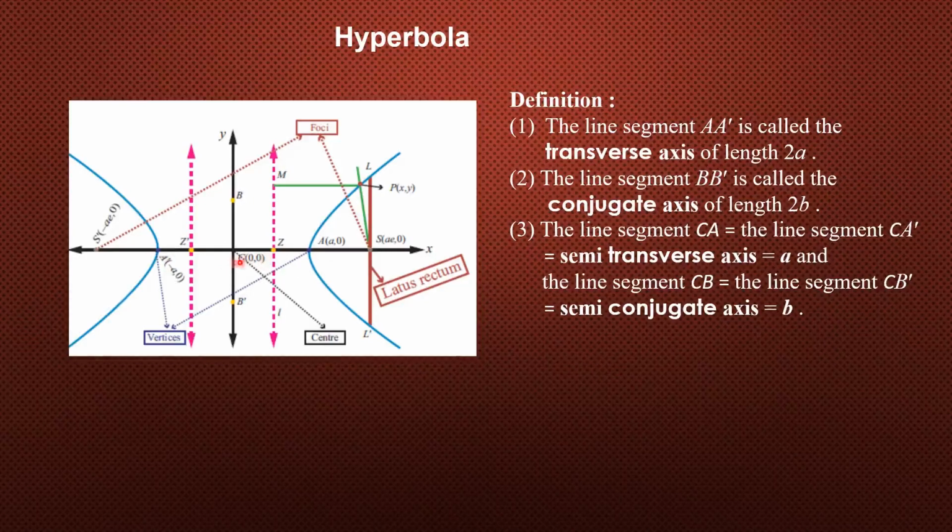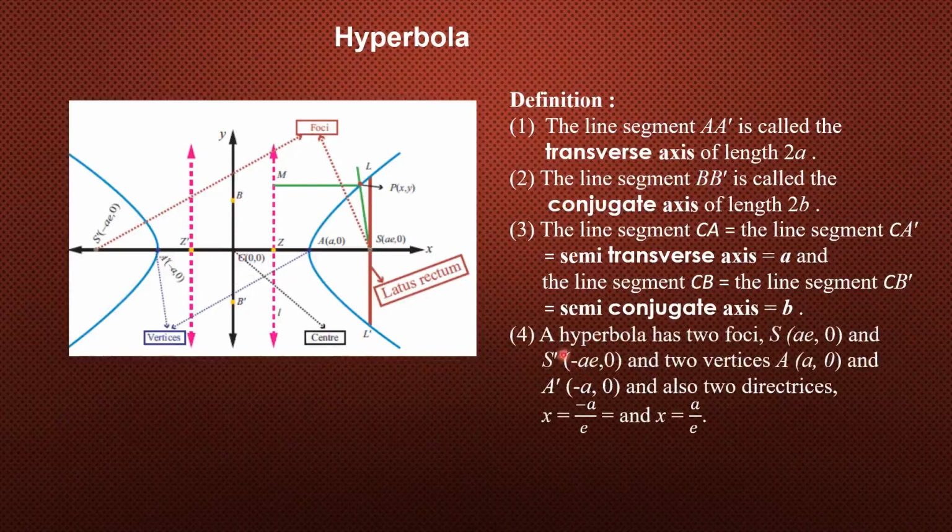It's half of the transverse axis, so its length is a. Here the transverse axis length is 2a, so the semi-transverse axis length is a. And the line segment CB is equal to the line segment CB', the semi-conjugate axis, and its length is b. Here also C acts as the midpoint of B and B'.